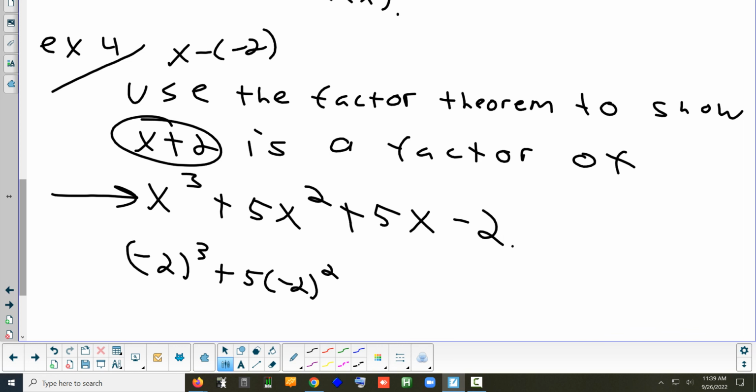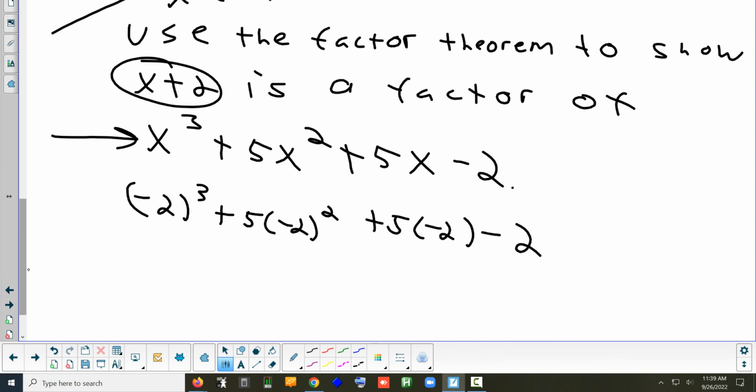Oh, that's right. So in this case, think of it as x minus minus 2. And what are we hoping for this to come out to in order for x plus 2 to be a factor? We're hoping it comes out to 0, which would also mean that negative 2 is a root, because that's when you plug in a number and get 0.